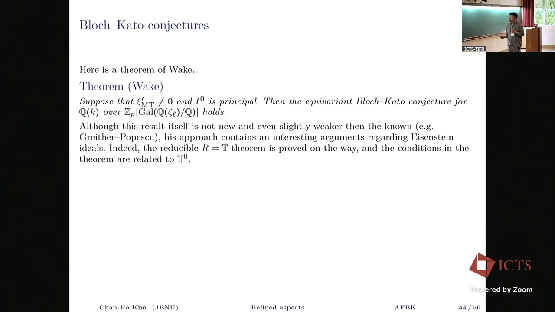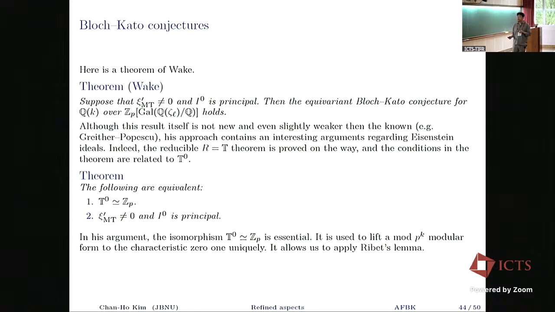And using this, what we prove is that if this is non-zero mod p, and the Eisenstein ideal is principal, the equivariant Bloch-Kato conjecture for Q(k) over this group ring holds. And indeed, this statement itself is not new, and even slightly weaker than the known one. An example is the work of Greither-Popescu. But his approach contains an interesting argument regarding the Eisenstein ideal. And indeed, he proved in the theorem that this non-vanishing and principality is related to the behavior of T_0.